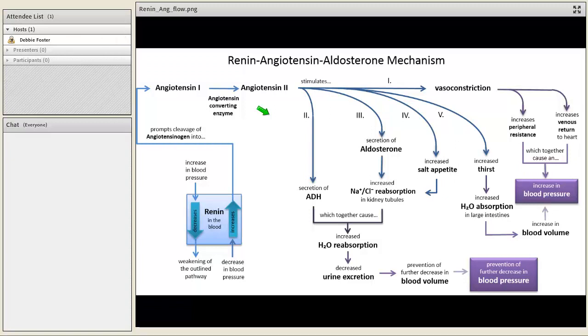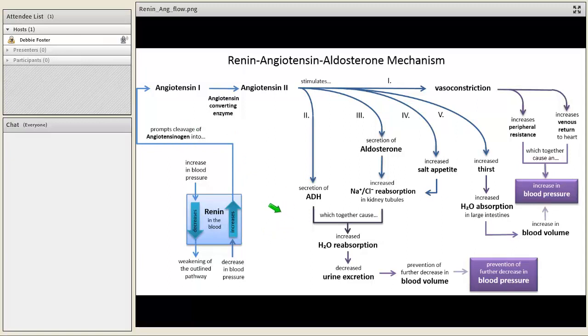Ultimately we lose more water, so we can decrease our blood pressure, which is what we want to do. For your exam, we'll go over the depth of questions you need to understand this, but basically this is our long-term regulation.